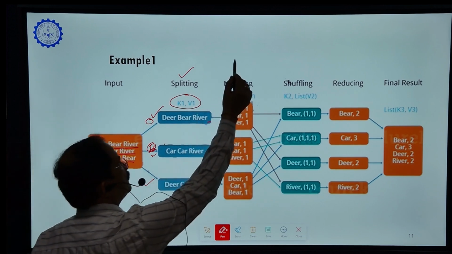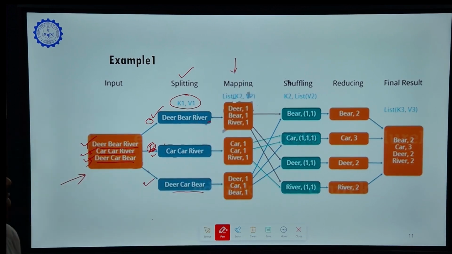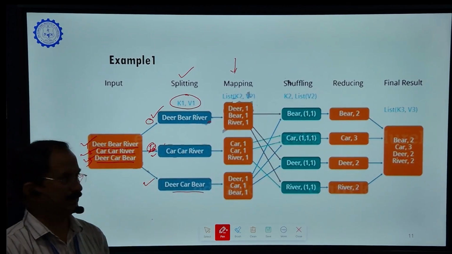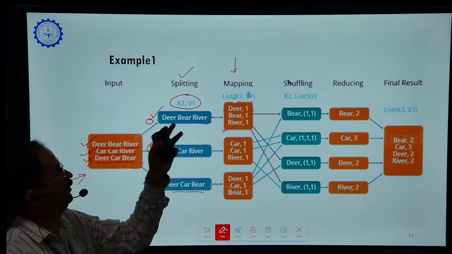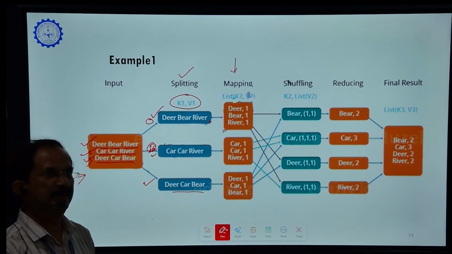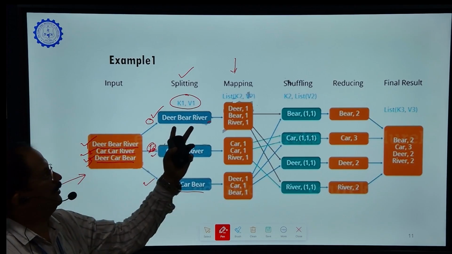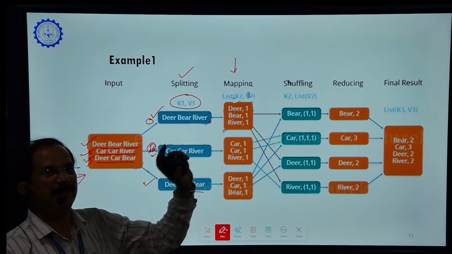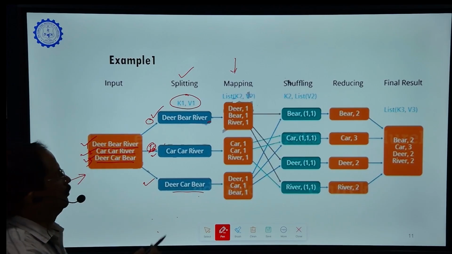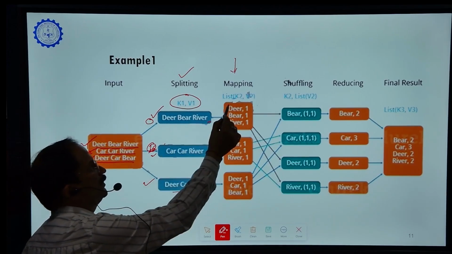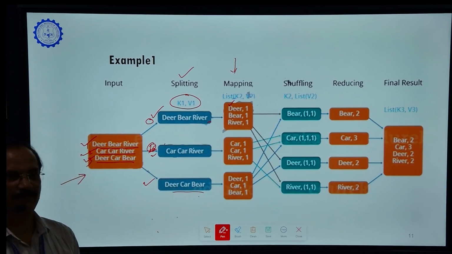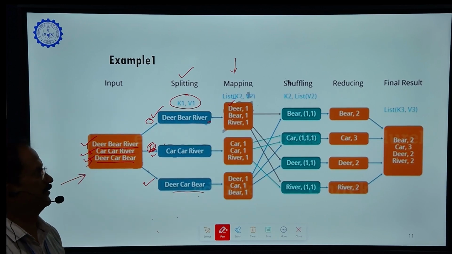Now the next step is mapping. Mapping again creates a list with respect to the split data. So now it creates the tokens and the values. The line is broken up into words, and a word is identified by a space.